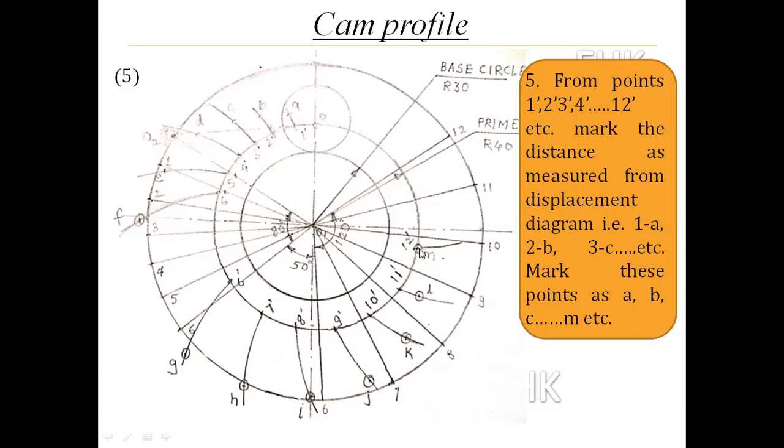From the displacement diagram, you have to cut the respective curvature and give the labels G, H, I, J, K, L, M.